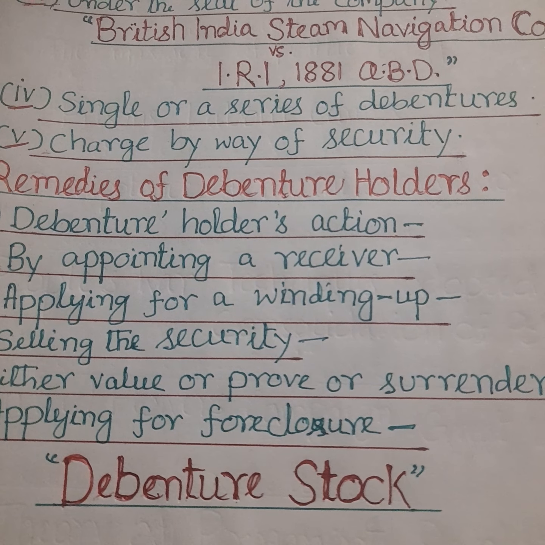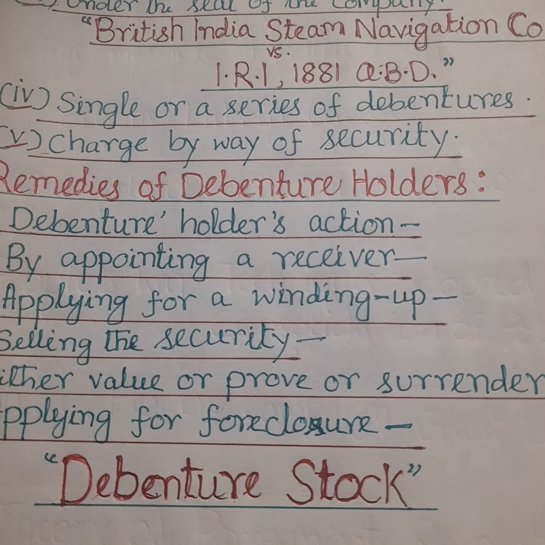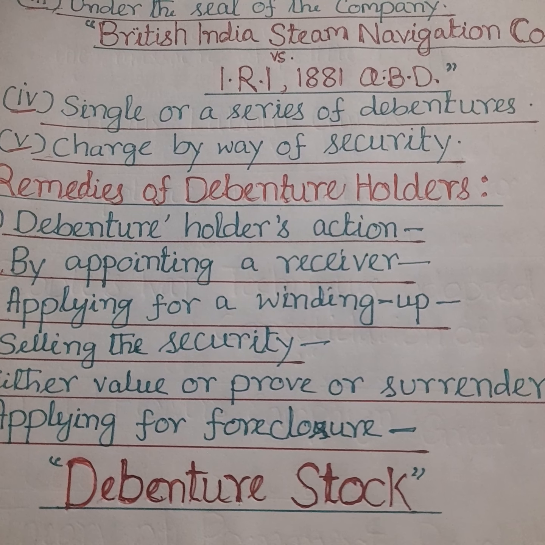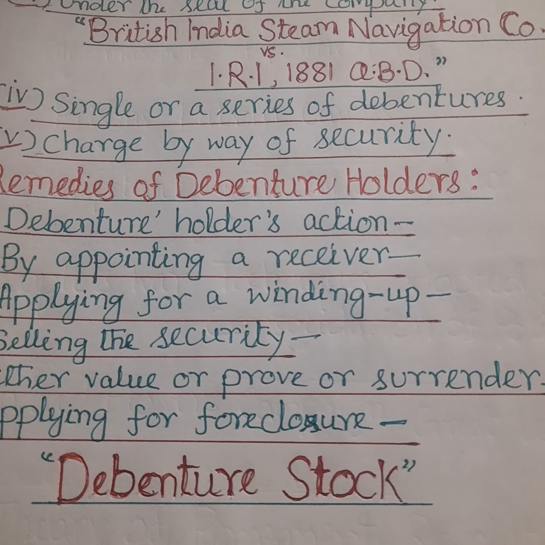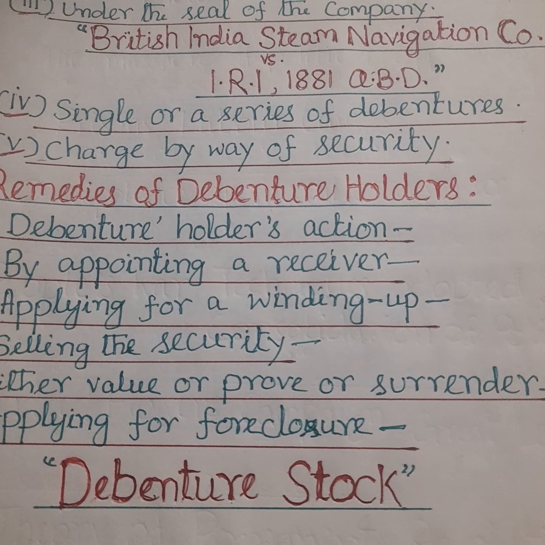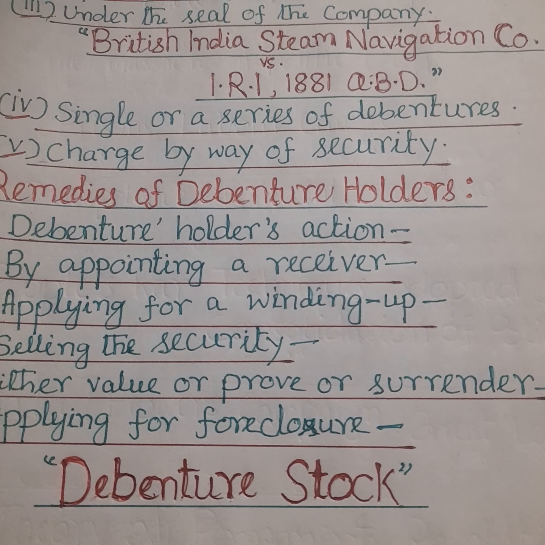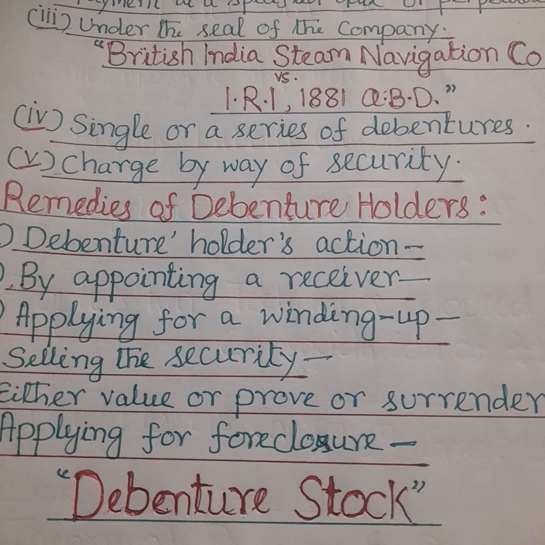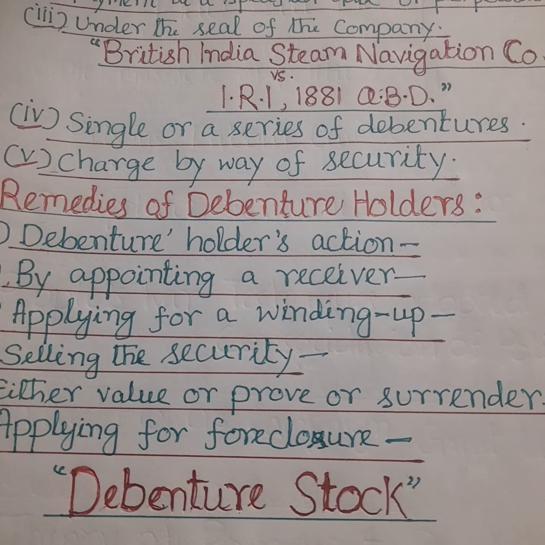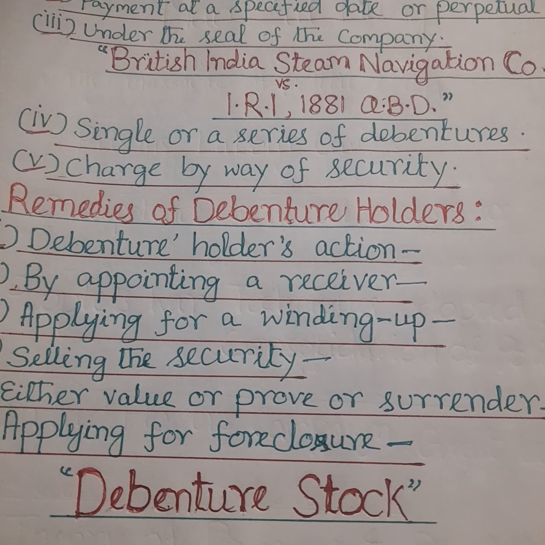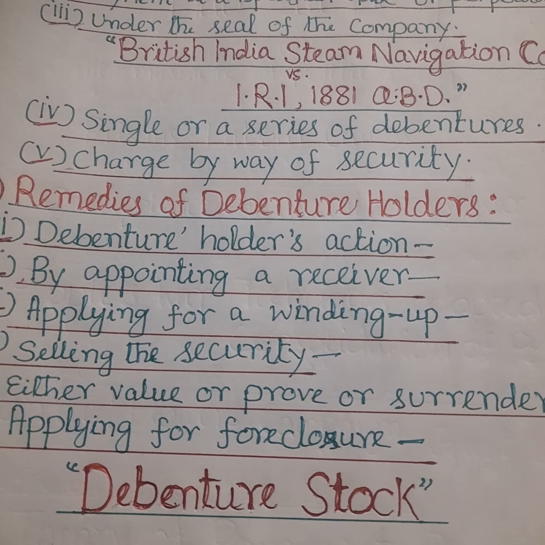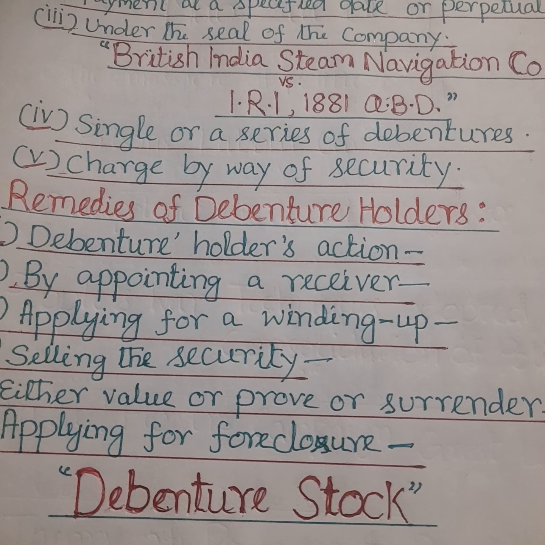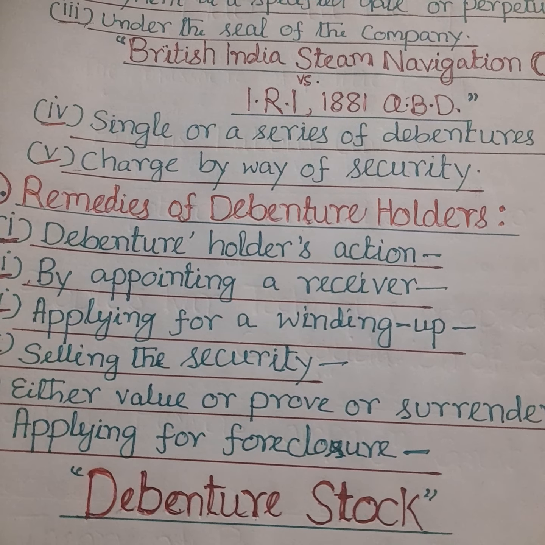The debenture stock may be redeemable on a fixed date or be irredeemable. A debenture stock is the debt itself, while a debenture is a document evidencing a debt. So, this is the fundamental difference that we find between debenture stock and debenture.